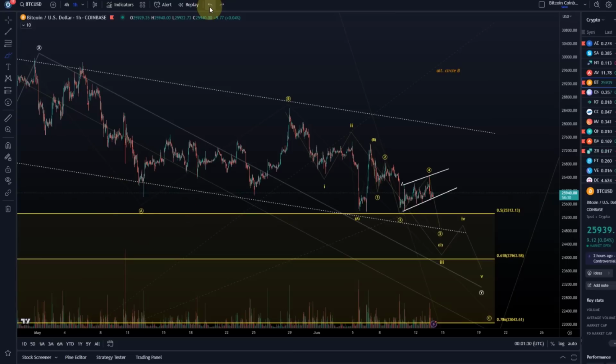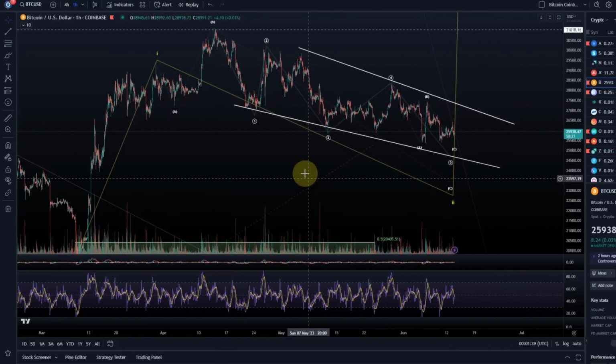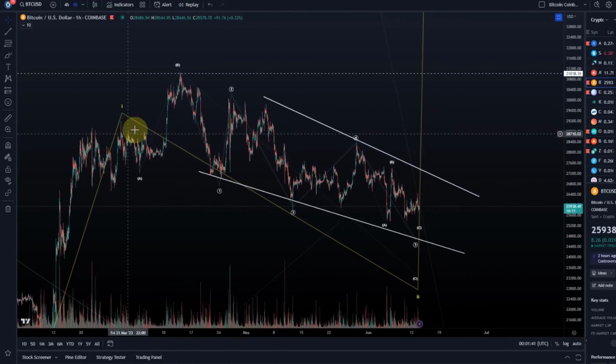And then there is the other count in which we could have already bottomed. So let me just show it to you. It's this one. I'm just counting the decline a little bit differently. I did set the wave 1 here to the top in March. Then a wave A down, an overshooting B wave, and a C wave down.